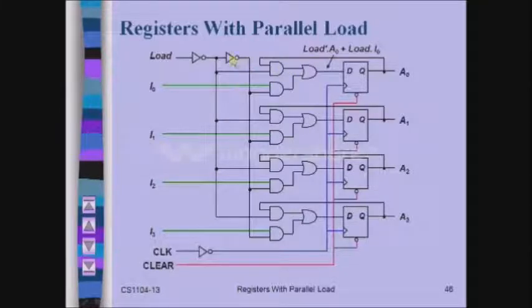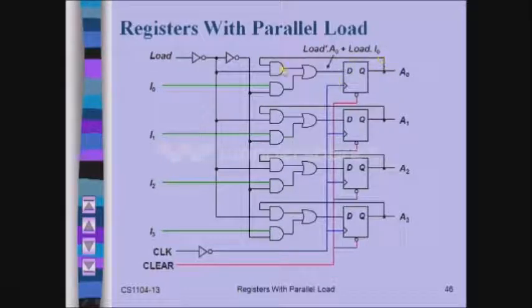Now here the load input to this AND gate is 1, so it would be waiting for the next input. The next input, that is the original input I0, is 0, so this I0 would be processed out, that is 0. Now with 0 as well as 0 as the inputs of this OR gate, the output of this OR gate would be 0, and this 0 will be processed by the D flip-flop and then you'll get the output as 0.